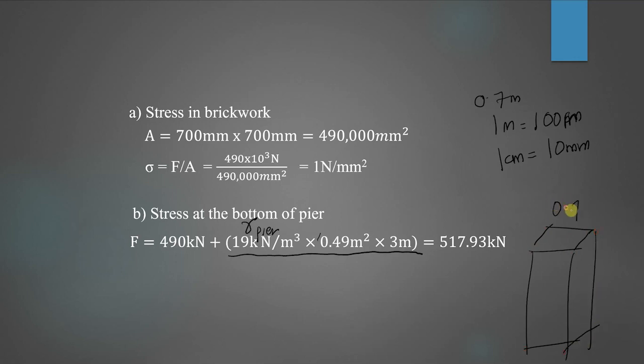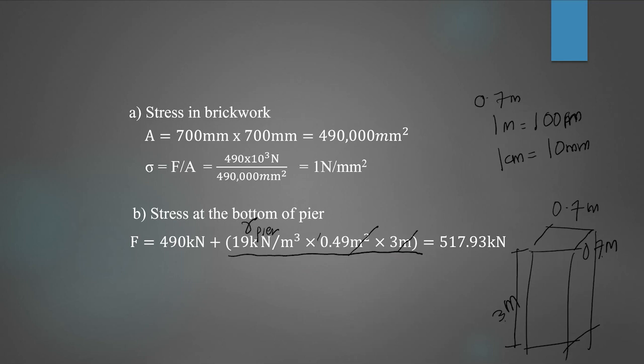This is 0.7. This is 0.7. This is 3 meter. So this is it, 0.7 times 0.7 times 3 meter. Okay, so that is the volume of the pier. Okay, so when you multiply it with 19, automatically you will get some value. 27.93.